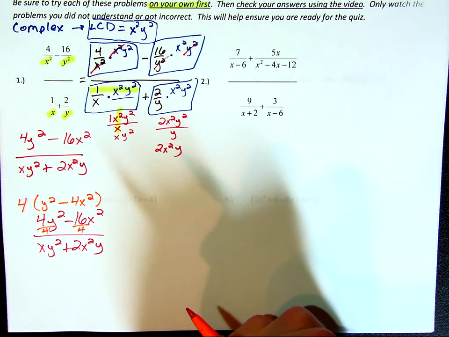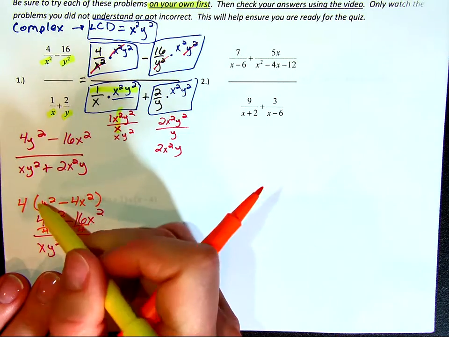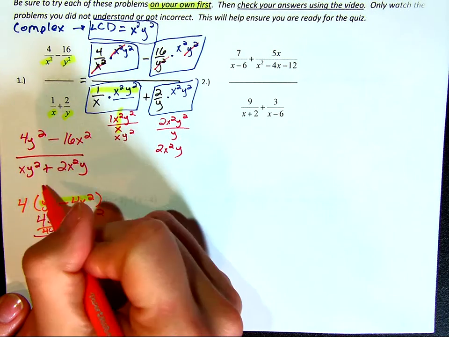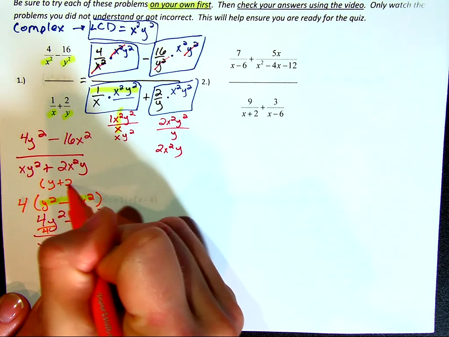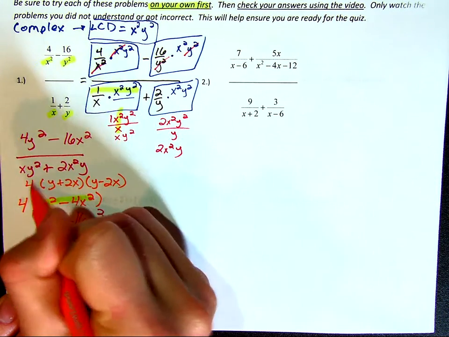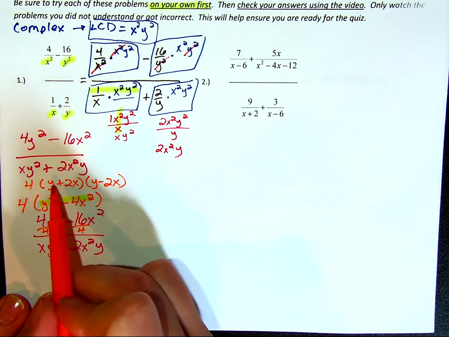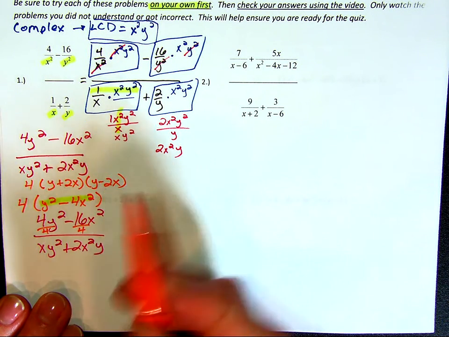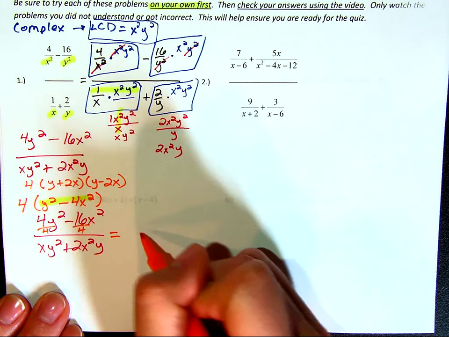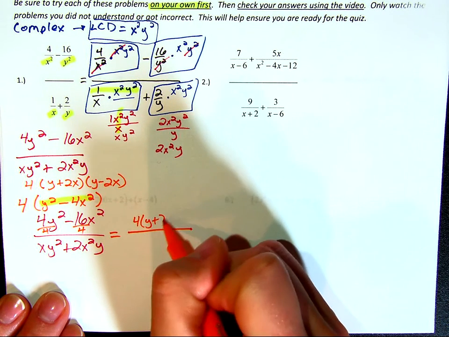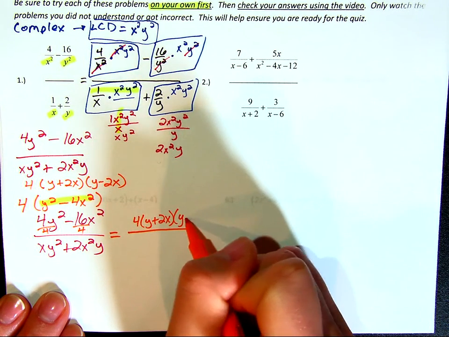Then we have to try to factor that again, and we can factor this one because you should look and see they're both perfect squares having their differences. So this becomes y plus 2x, y minus 2x, and we still have our GCF of 4 out front. Now I know I can't factor this any further because there's no squareds, and we already took out our GCF. So my new numerator is 4 times y plus 2x, y minus 2x.